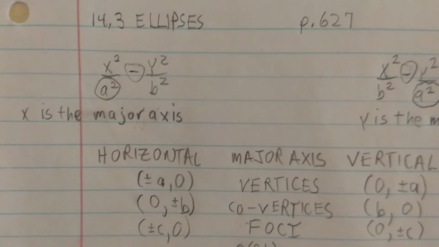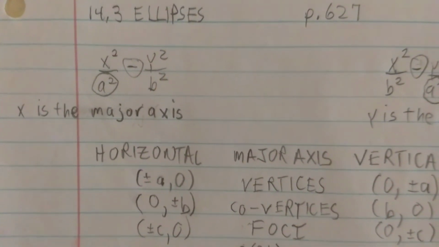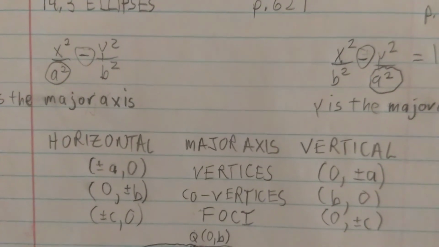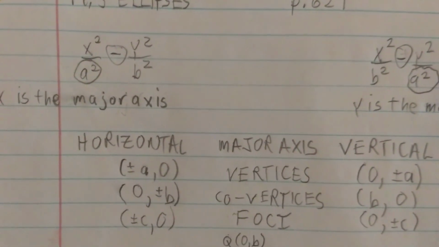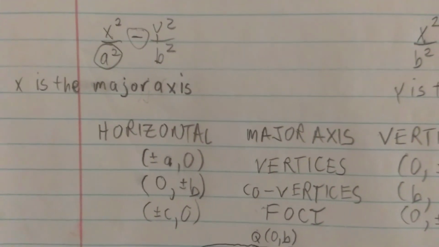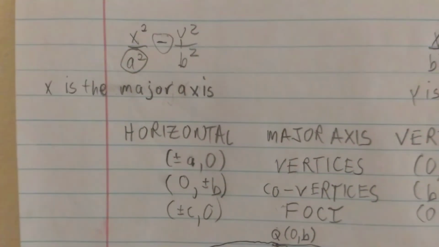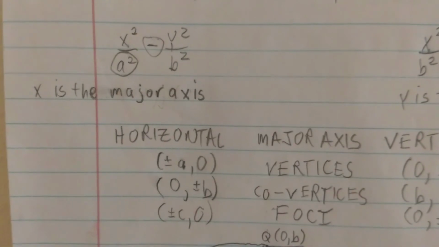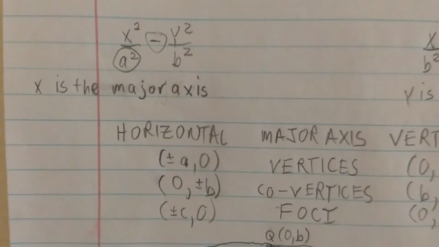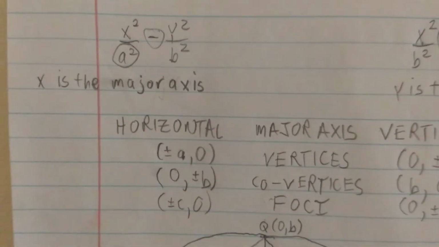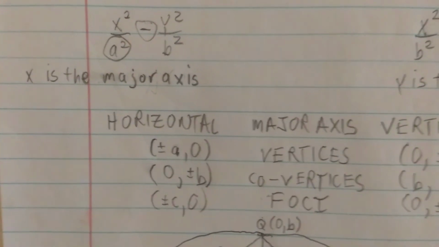Now, for ellipses, we have x squared over a squared plus y squared over b squared. Whatever has the bigger number under it is the a squared, and that's the major axis, the one that's longer.